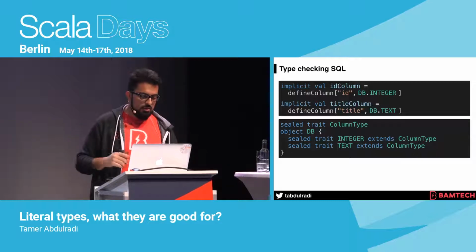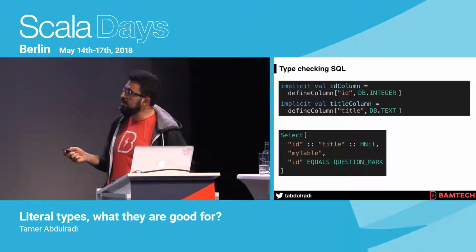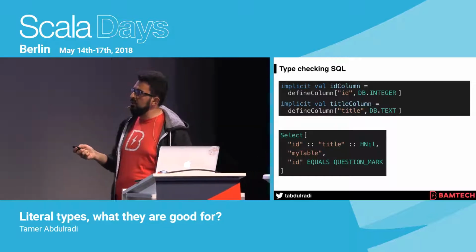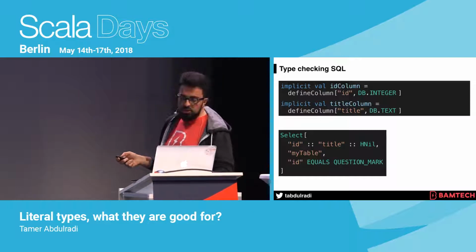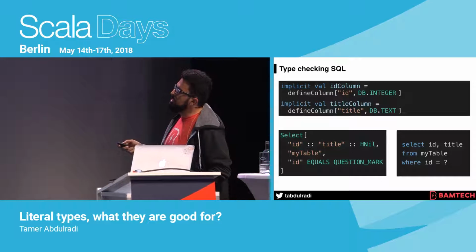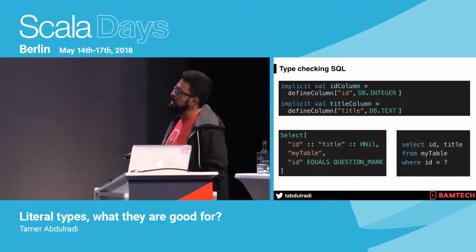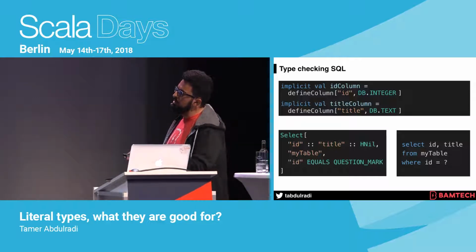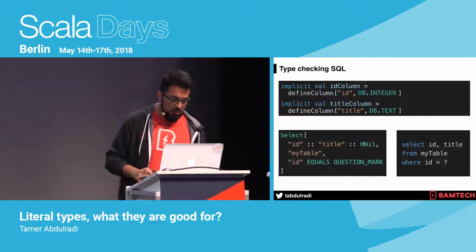On the other hand, queries are represented as types. So Select here is a type, like a trait with just type parameters, no values. The selection, so here I'm selecting ID, Untitled. This is an HList of literal types. And the table name is a literal string as well. And this is how I represent the query, the clause.